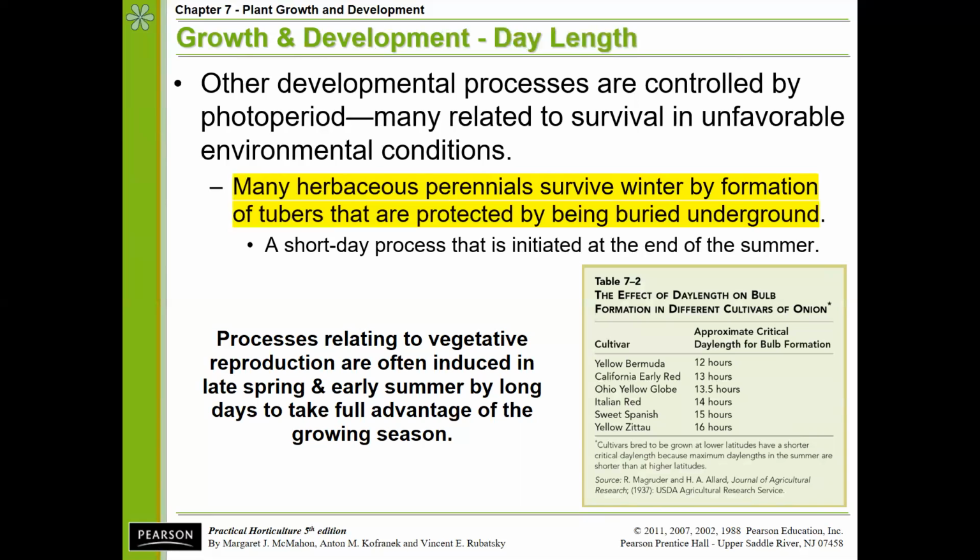So the way they respond to photoperiod is by the development of things like tubers or other organs and tissues that store energy. We say tubers here in the book, but we're looking at things like bulbs as well. Many different types, and in many cases they're not technically roots, they're just underground stems.